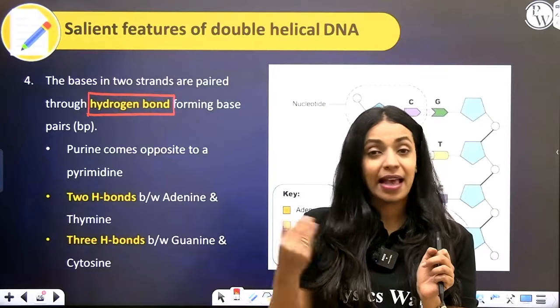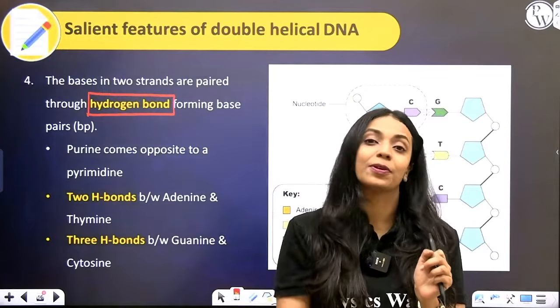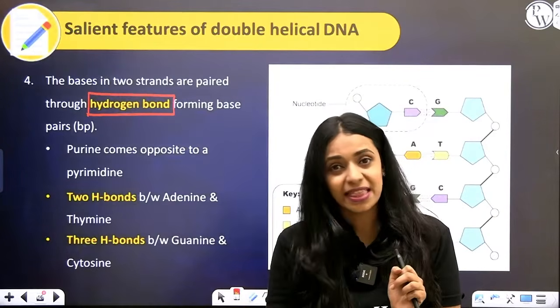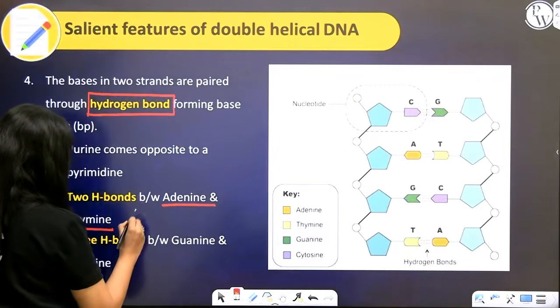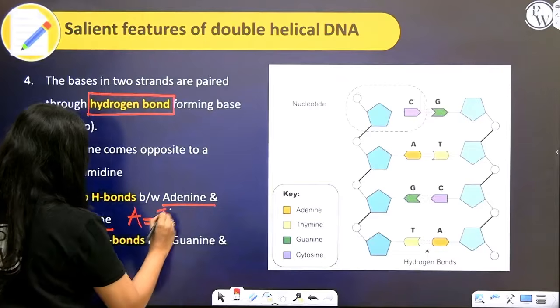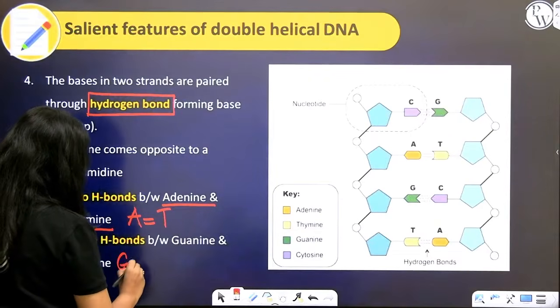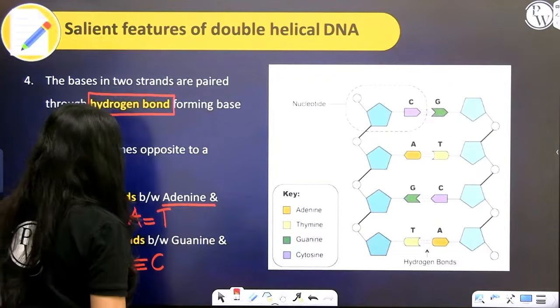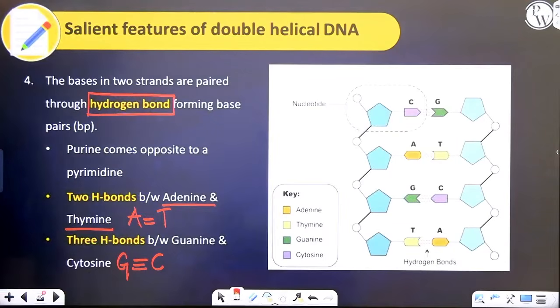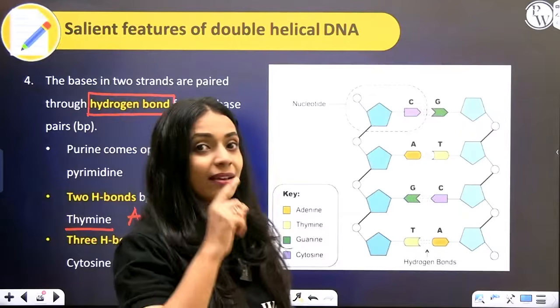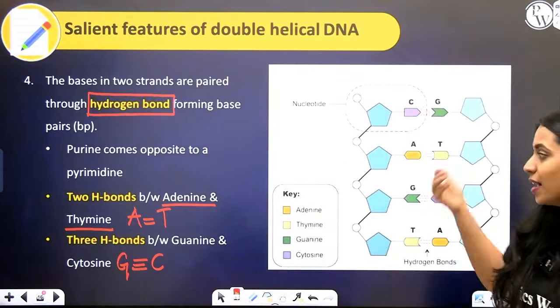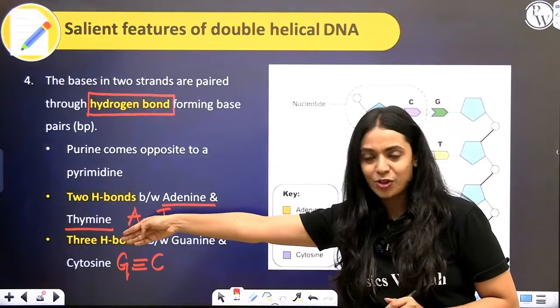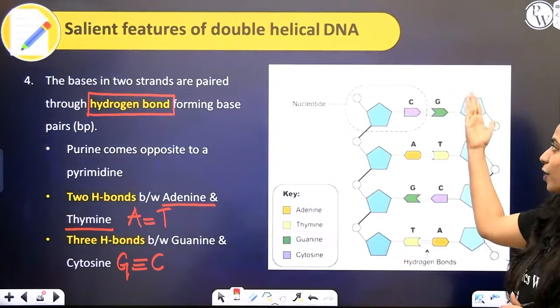Another thing is, any purine cannot pair with any pyrimidine. There is specificity in that as well. So, adenine will always pair with thymine by means of 2 hydrogen bonds. Guanine will always pair with cytosine by means of 3 hydrogen bonds. That is why in Chargaff's rule, we saw how the ratio between A and T, G and C is always equal. That is because however many adenines are there in a double-stranded DNA, that many thymines would have paired opposite to it.